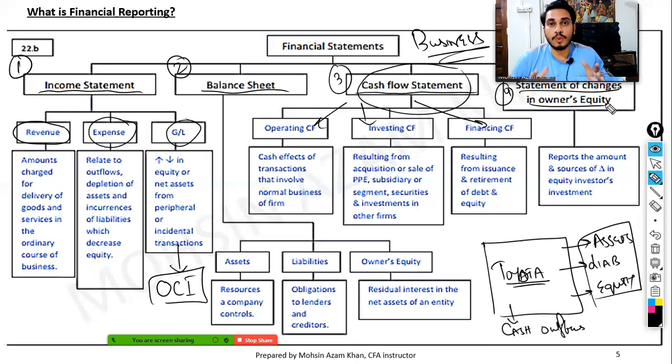You want to know how your equity changed by the end of the year. Let's suppose by the end of the year, the book value of equity is 70,000. So you are concerned, why is there a change of 20,000? So you will see the statement of changes in equity. In that statement, it will show you what were the reasons behind the fluctuation in your equity amounts.